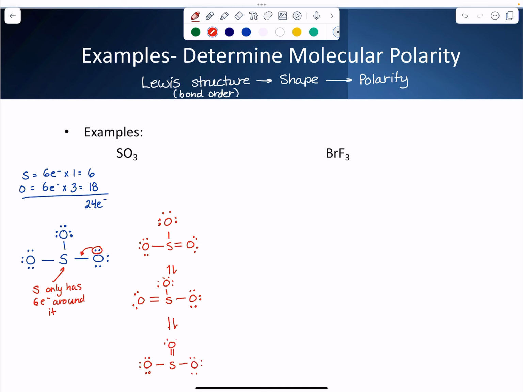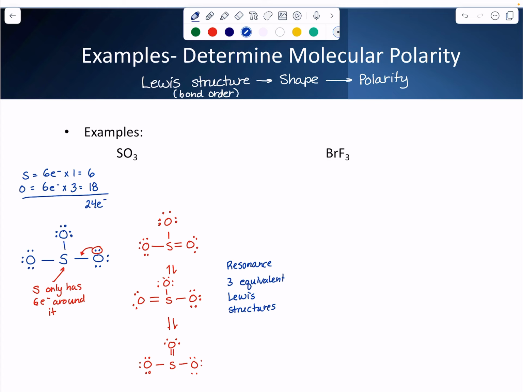Okay, so that's our Lewis structure. All 3 of these are equivalent, so we have resonance. We have 3 equivalent Lewis structures because if we turned the molecule around, we wouldn't be able to distinguish one from the other, since they're all oxygen atoms that have the double bond as an option.